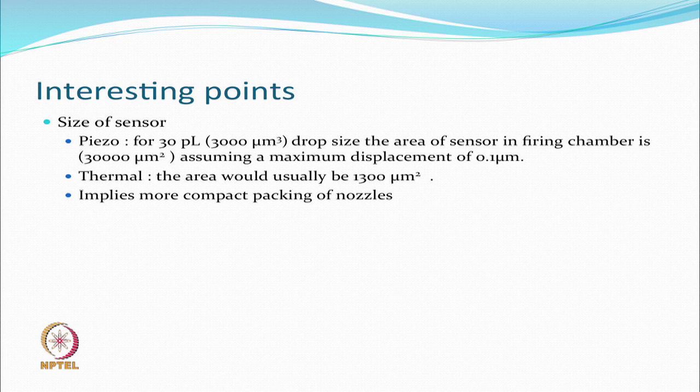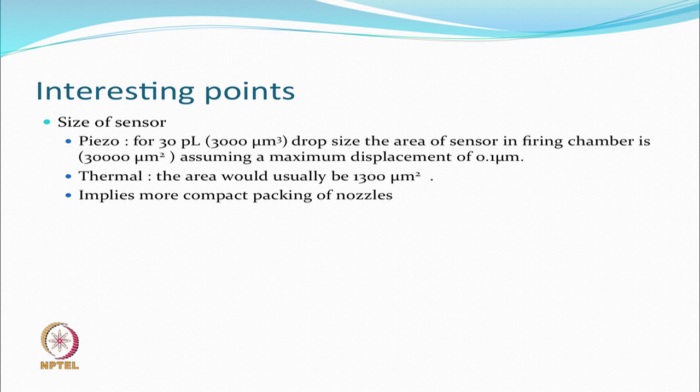So, if you want to get a 30 picoliter drop, you should have close to an area of 30,000 micrometer square. Thermal printers require much less area. On an average, they could be 1300 to 1200 micrometer square. That means a smaller size.